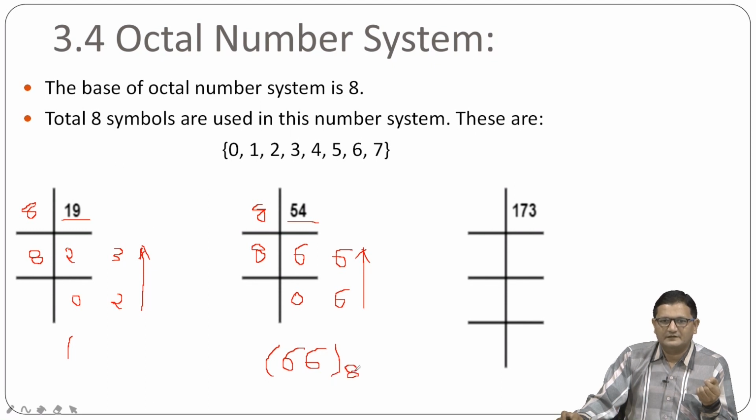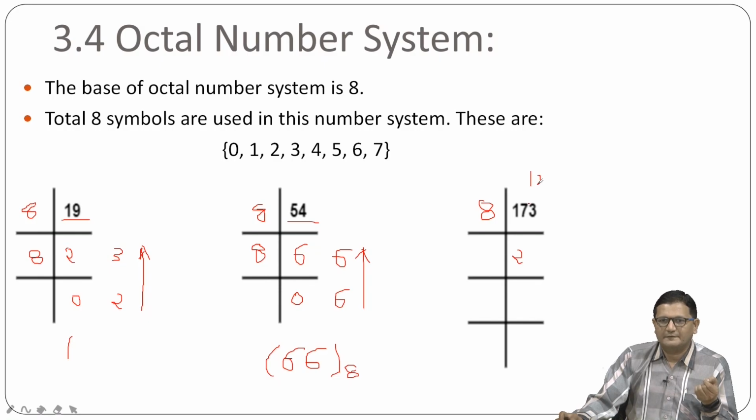Similarly, suppose 173 is given. You need to divide this number 173 by 8. Here 8 twos are 16, so you mention 2. Now the remainder is 1, so you consider 1 here, and then 3.